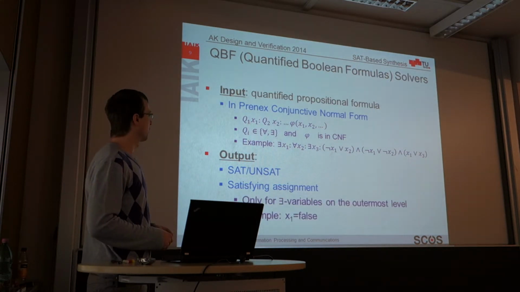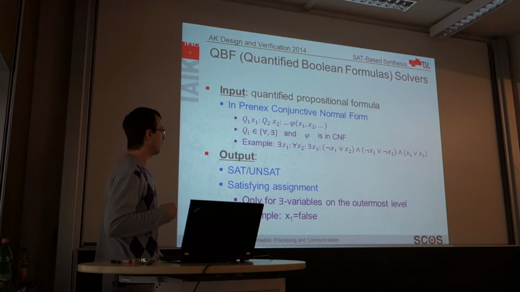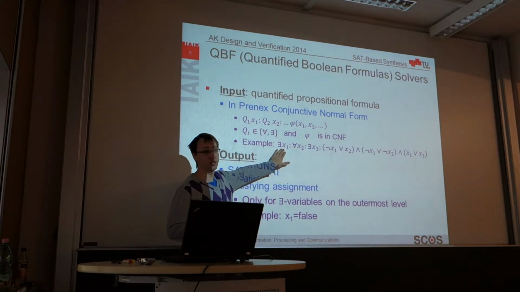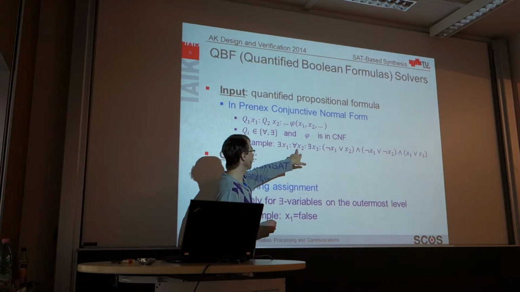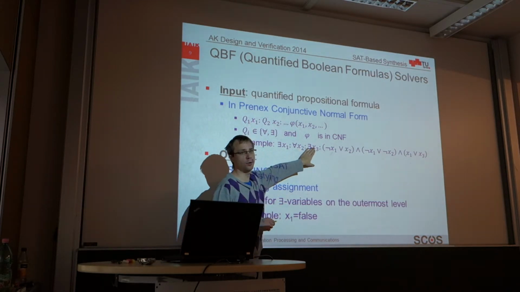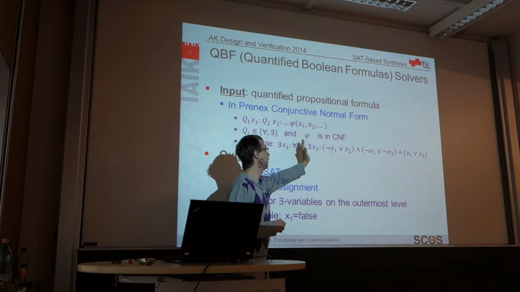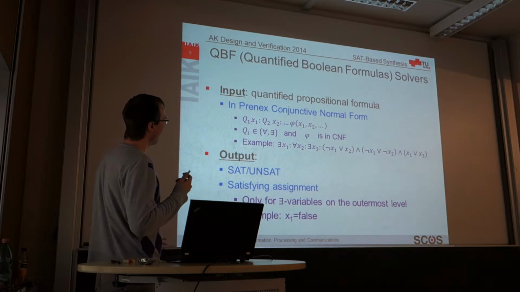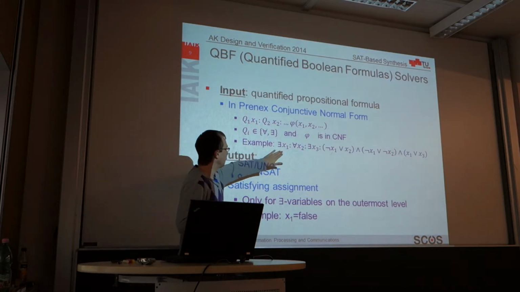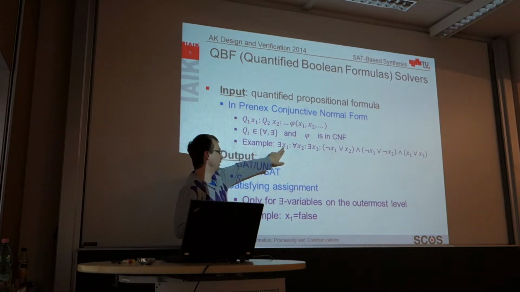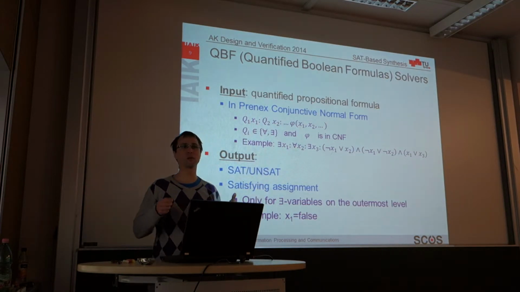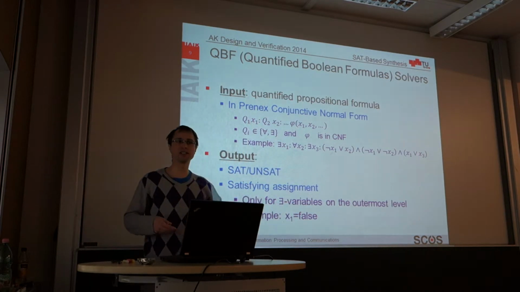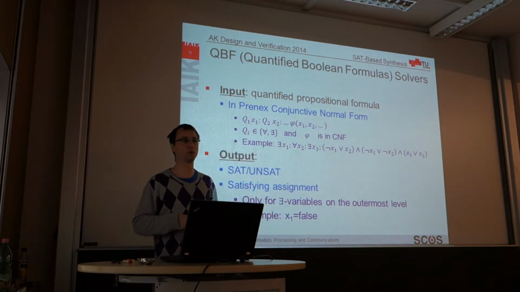We can only extract satisfying assignments for the variables that are quantified existentially on the outermost level, not for the universally quantified variables, and also not for existentially quantified variables which are quantified on an inner level. Why? Because only for these existential variables on the outermost level can we really find one exact value. For all these other variables there is no one single value to make the formula true.